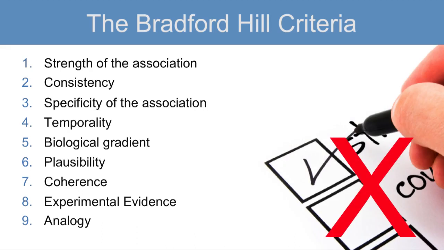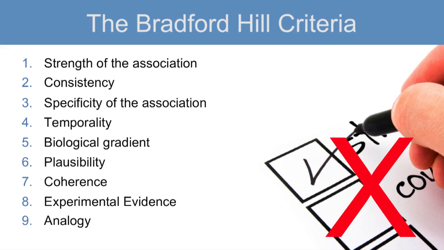Hill's causal criteria should be viewed as a guideline, not as a checklist that must be satisfied for a causal relationship to exist. Bradford Hill himself was even critical of using them for determining causality.